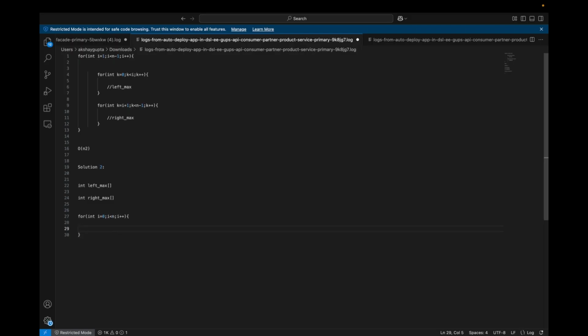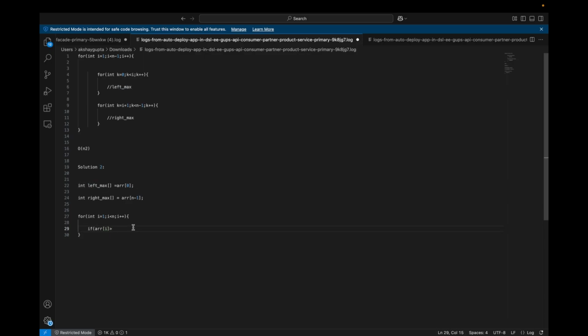So I will consider this as array of 0, and this as array of n minus 1. Now I will start with index 1.